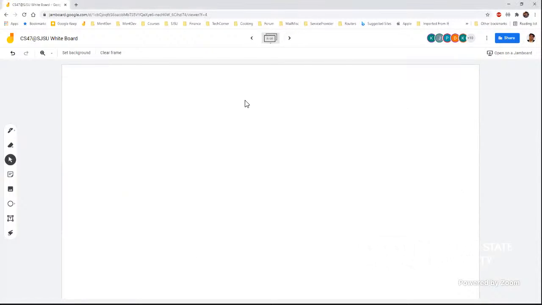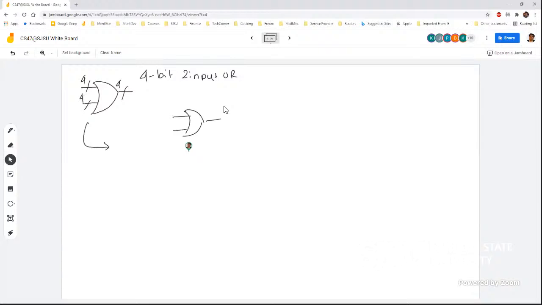So we're talking about a 4 bit 2 input OR. This is basically, we can build it up like this with 4 1 bit 2 input ORs.